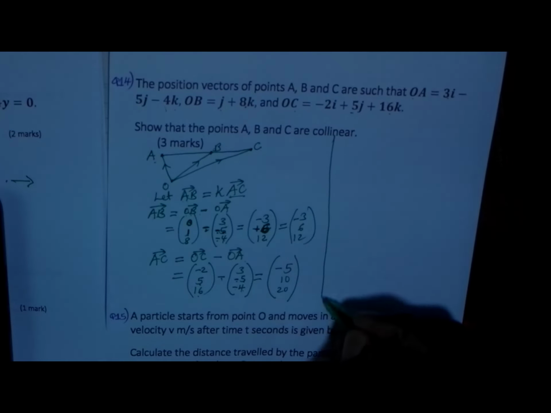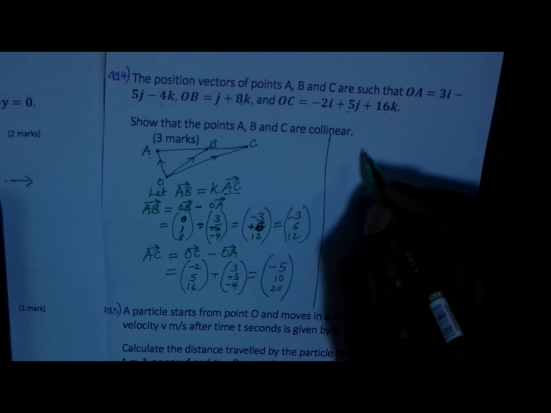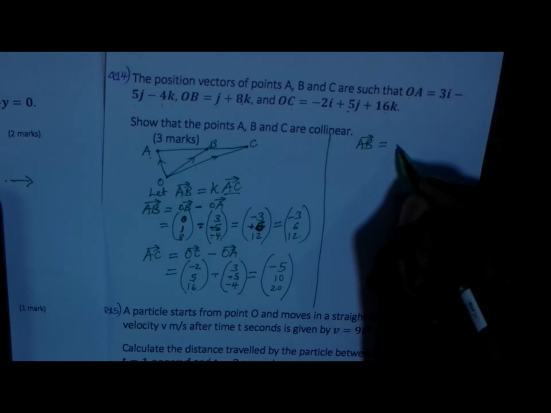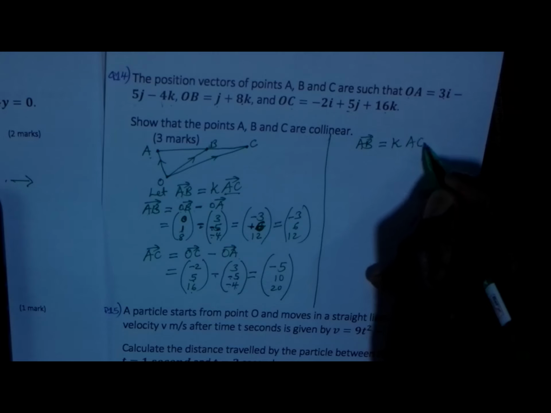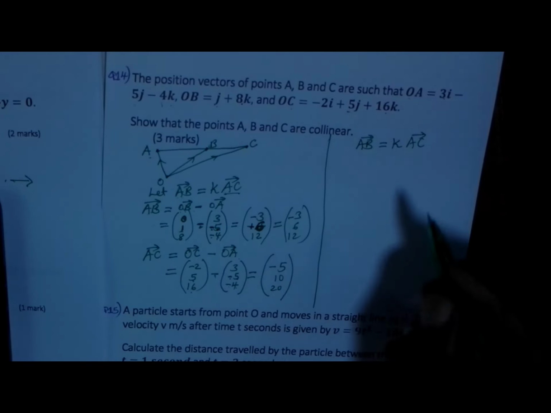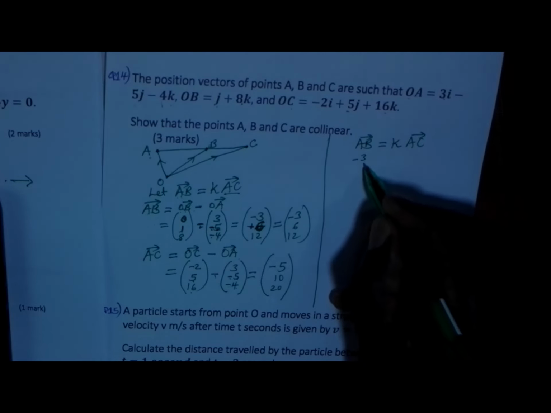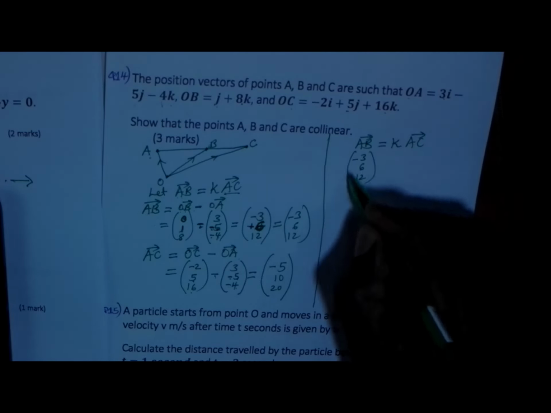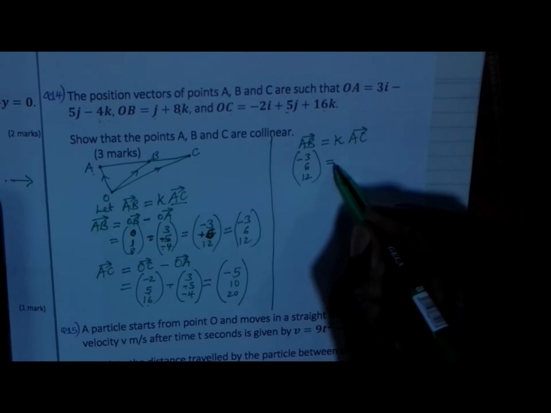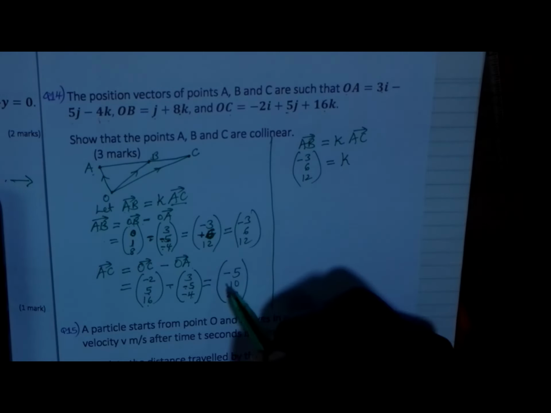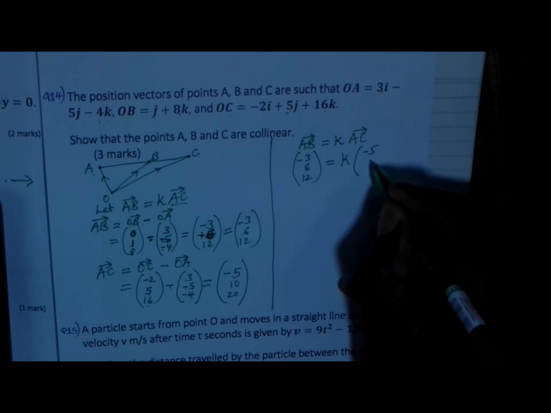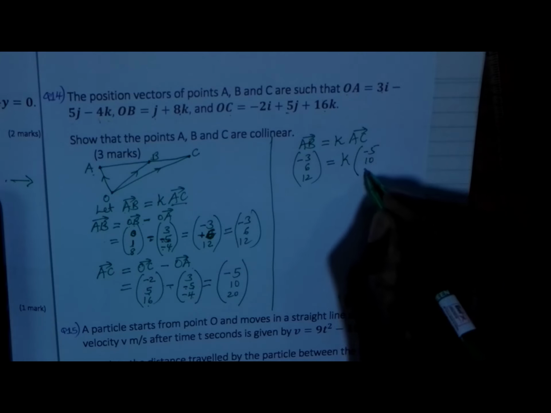Now since we said let AB vector be equal to k of AC vector, we have AB, which is minus 3, 6, 12, equal to k times the AC vector, which is minus 5, 10, 20.